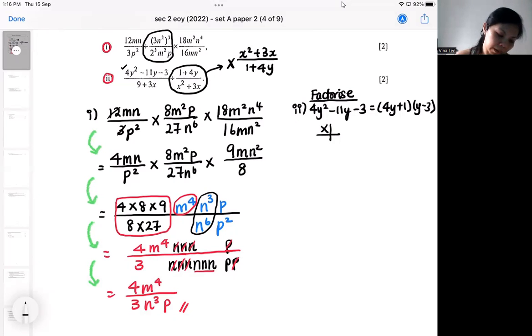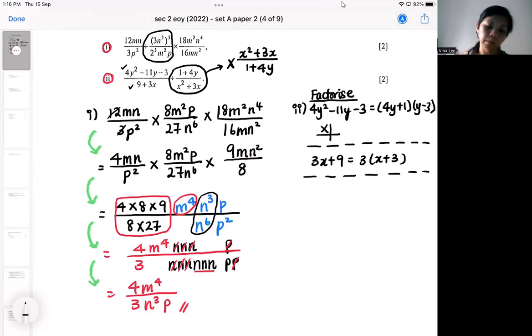After this, I'll look at this. I'm very organized also. This one looks so plain, but I can do a take out common factor. So I already got 2 factorizations. And what about this? This will also be take out common factor.